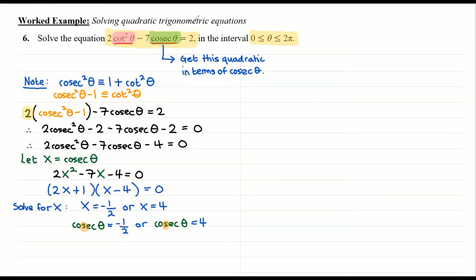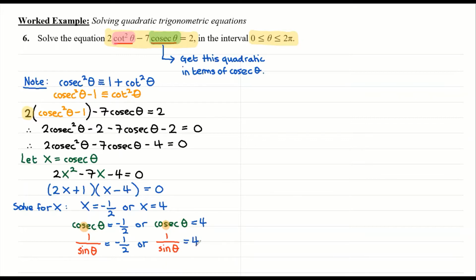So we'll write it as that. So this is going to be 1 over sine theta is equal to -1/2. And the other option, same thing again, 1 over sine theta would be equal to 4.